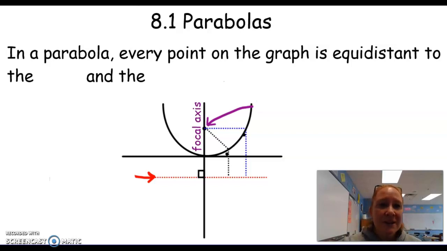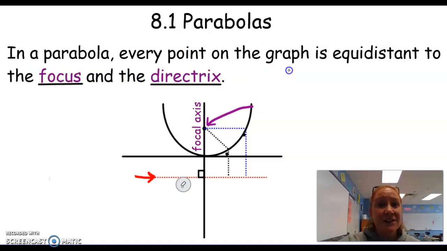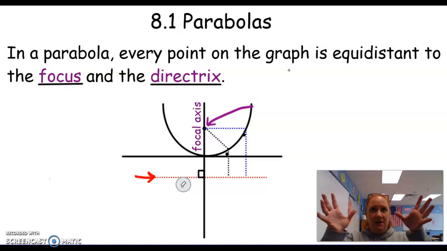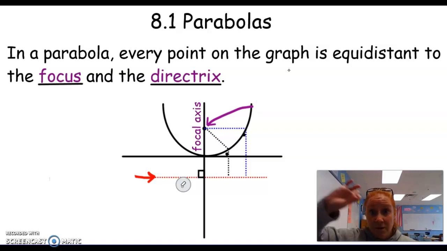So we're going to start right here. In a parabola, every point on the graph is equidistant to the focus and the directrix. Now, those are not things that we have ever talked about before. But if you think about a satellite, or think about Star Wars, where they had those little guns that went pew, pew, pew, pew, like the big laser ones on the Star Destroyers, that had like a parabola around it, and then the focus was where the gun would shoot from, and the directrix is a line on the other side.